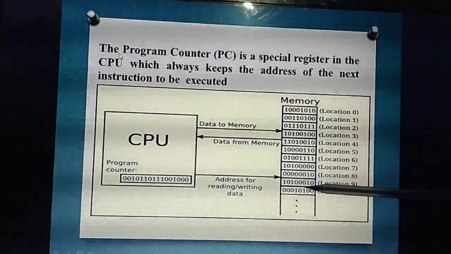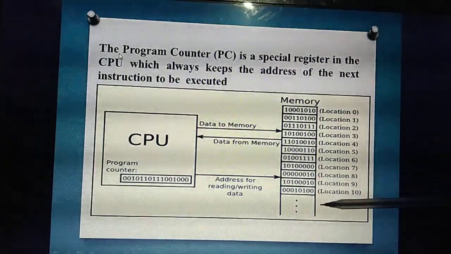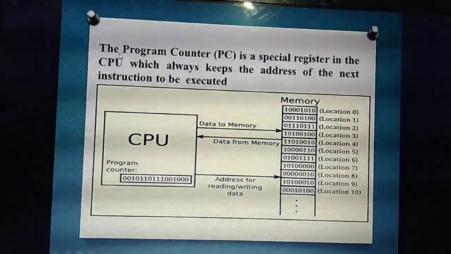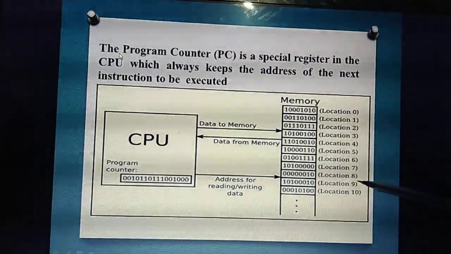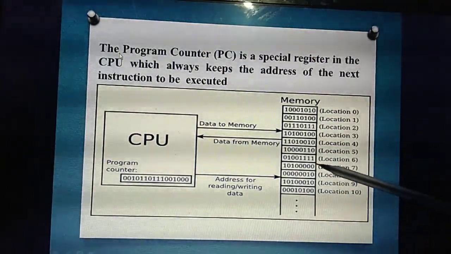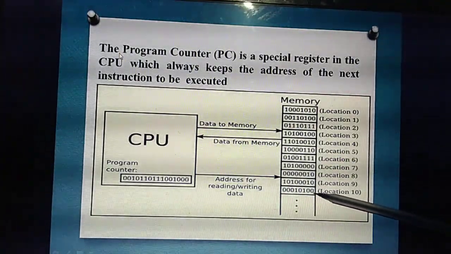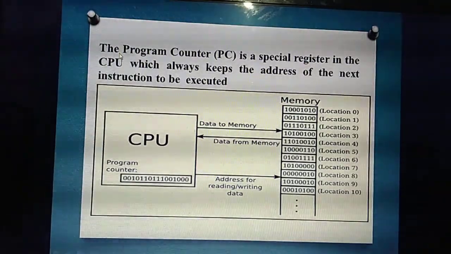At the time of executing location 9, at the same time, it will keep the address of location 10 also. Understand what I am telling? At the same time, it will keep the address of the next instruction. That's the use of the program counter.